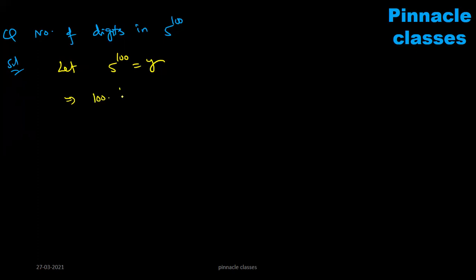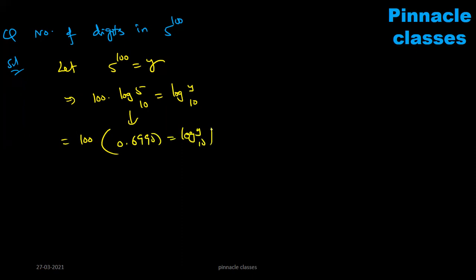Directly you can write 100 log 5 to the base 10 is equal to log y to the base 10. 100 into, what is this value? 0.6990. You should remember those values. Multiply with 100. 69.9.